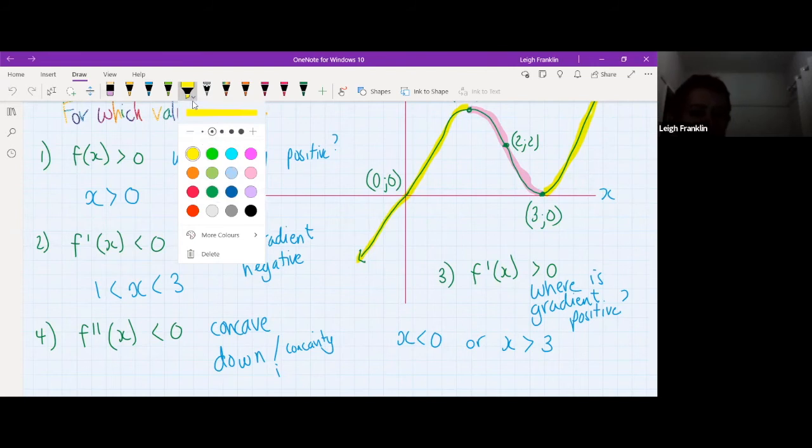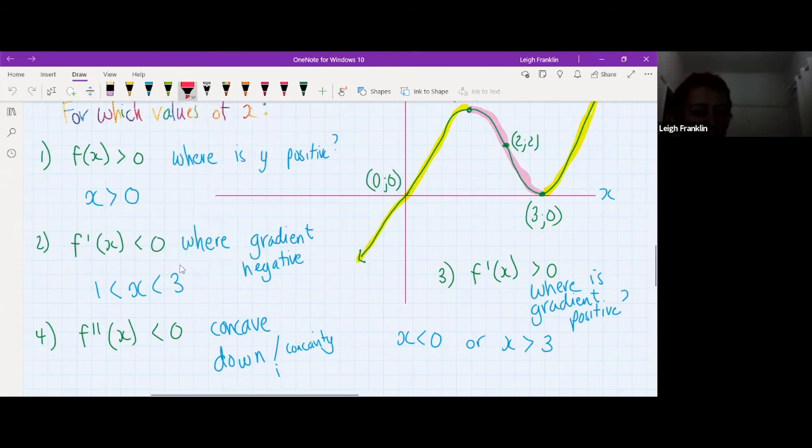All right, we'll go with pink. It's going to be concave down because A is positive. It's going to be concave down before the point of inflection. So the dark pink is where it is concave down.